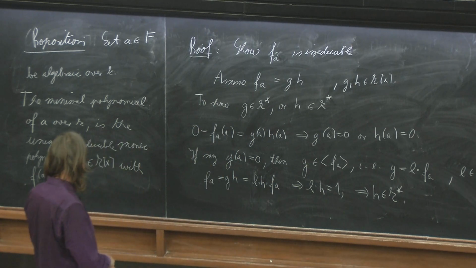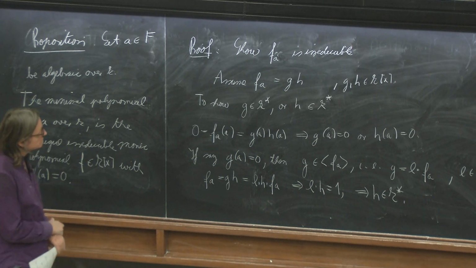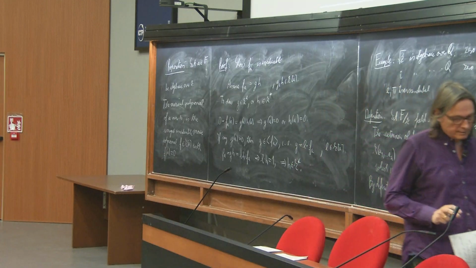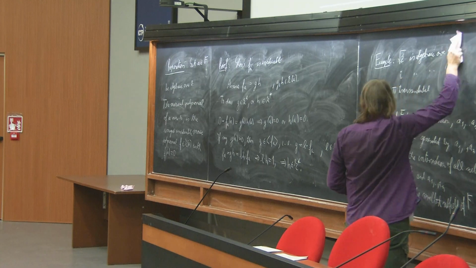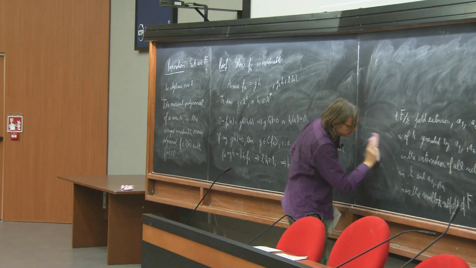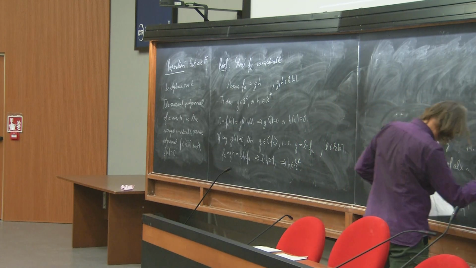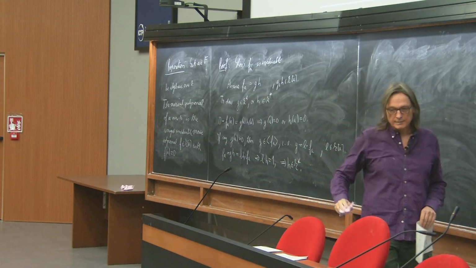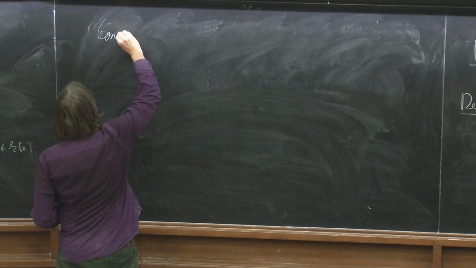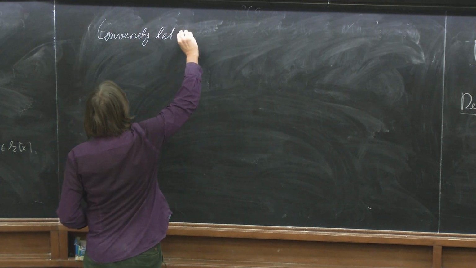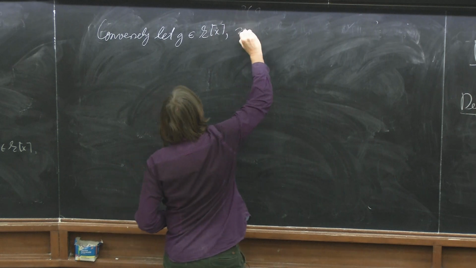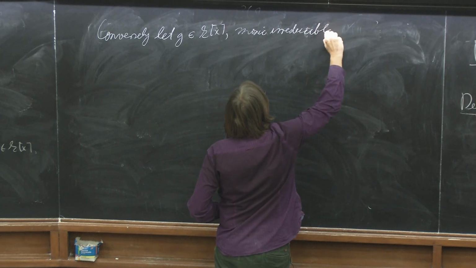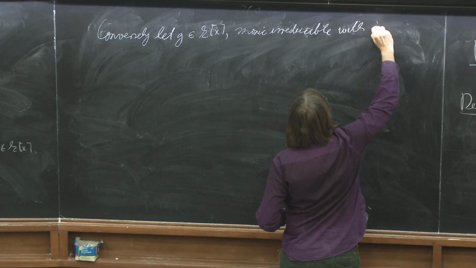So now, conversely, if I have a monic irreducible polynomial which vanishes at A, we have to show it's equal to our f_A. Conversely, let g be monic irreducible with g(A) equal to 0.